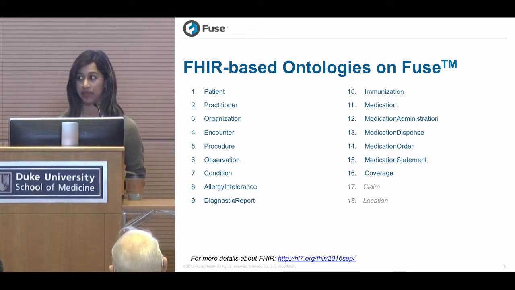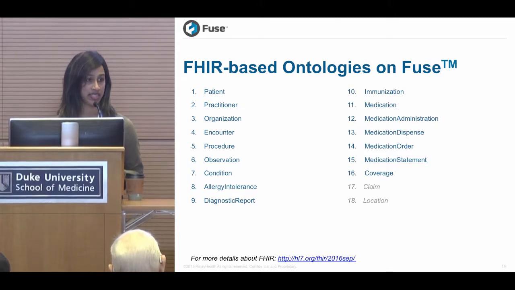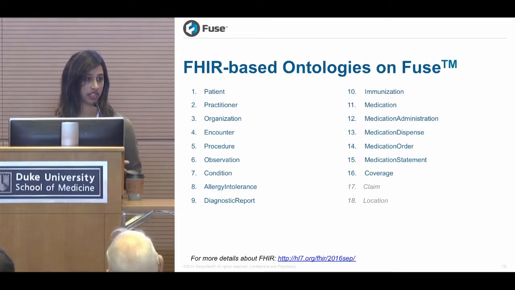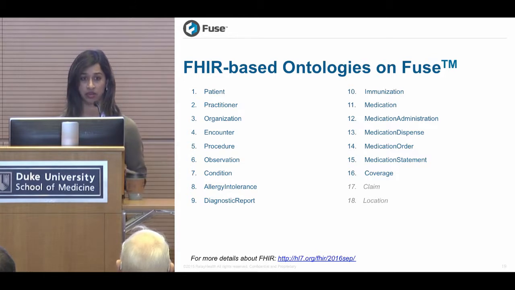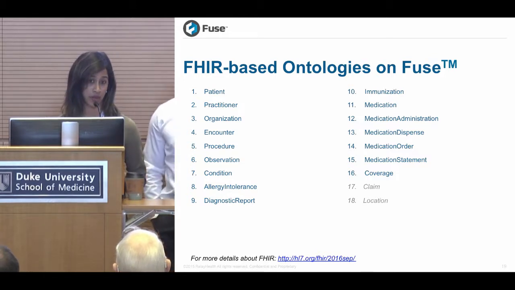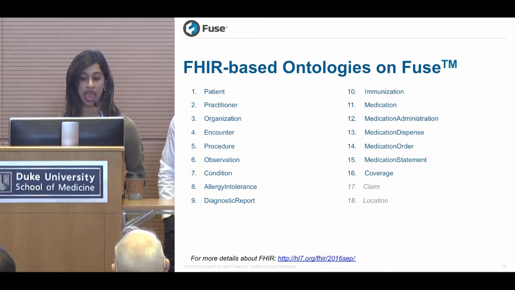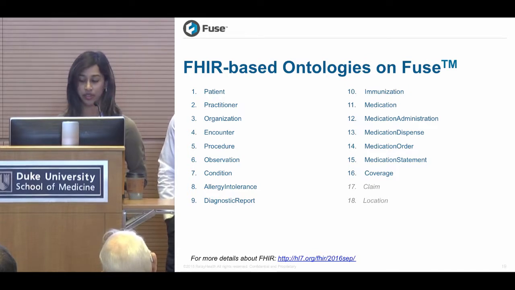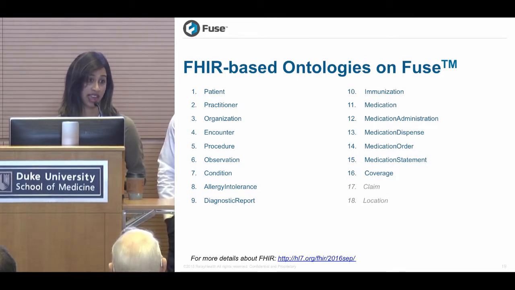So if the message types are HL7, ADTs, ORUs, MDMs, and then 837s and CDAs, we take those message types across legacy systems and parse them into a FHIR resource that we call our FHIR-based ontology. And to date, the Health Summary Viewer is starting out with the clinical resources, as you can see on the screen, but we do support already our financial resources such as claim, location, and account.